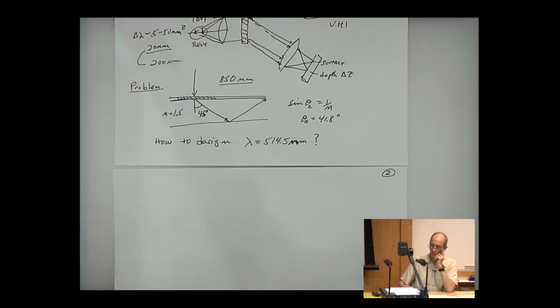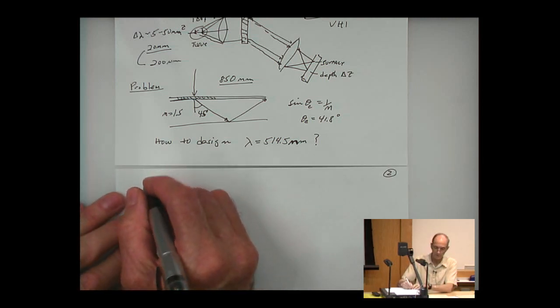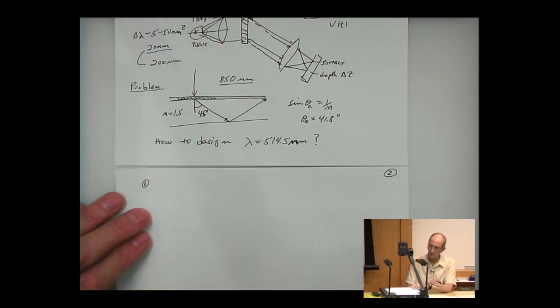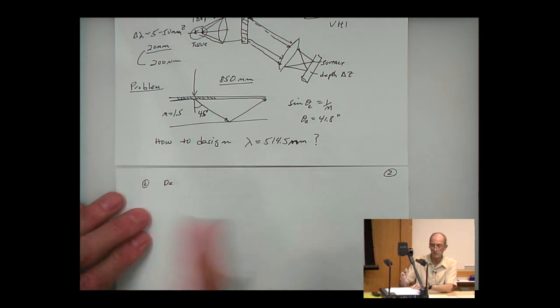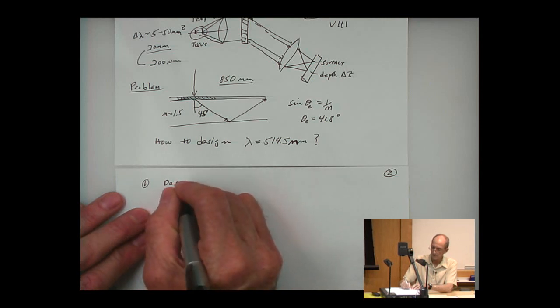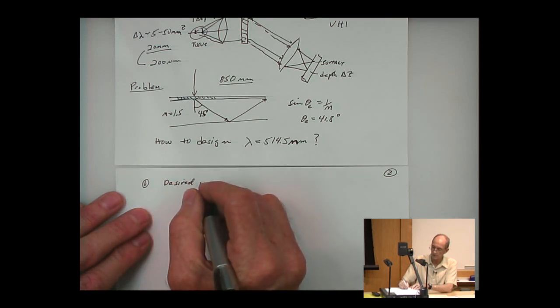So, what do we have to work with here? The first step is that we have our desired reconstruction. So we're starting with what we want, and then we're going to work backwards to what we need to make it. So we have the desired characteristics or reconstruction.